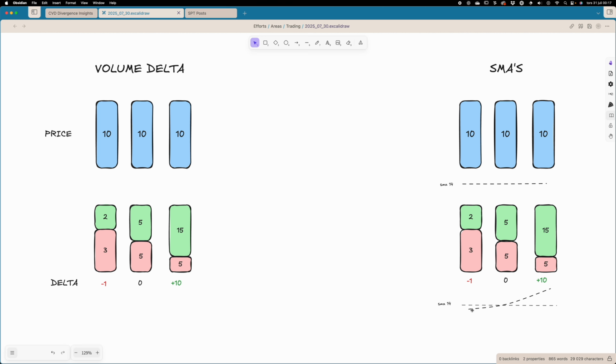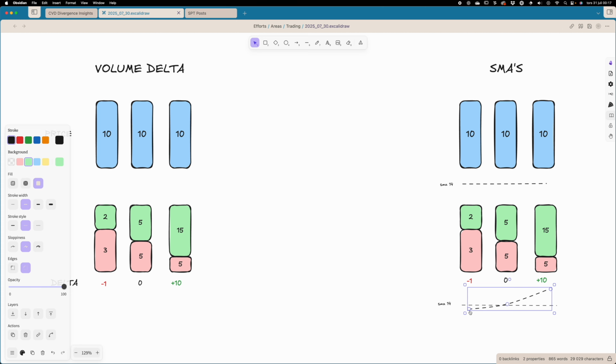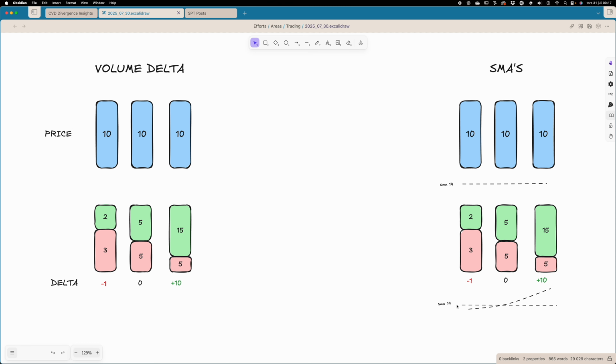And here we have a negative delta, so we're slightly below the 0 line of the indicator because it's an oscillator. And here we have a delta of 0, so we are right in the middle, crossing the 0 line. And here we had a lot more bulls being aggressive, so the indicator moves up like this into positive territory.